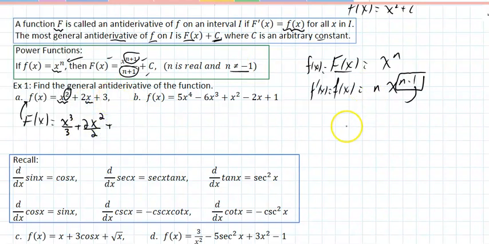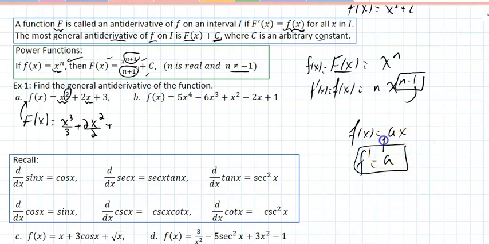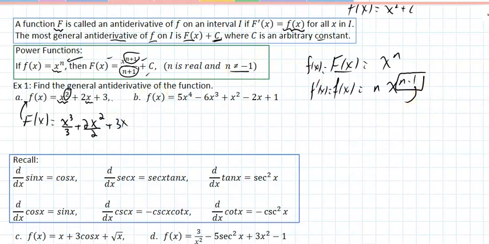Now, 3x, you have a couple of options. What do you take a derivative of to get a constant? Well, if f of x is ax, then the derivative is a. For you to have a derivative being a constant, that means you must have taken a derivative of 3x, or you could view that, if you like, as f of x is x to the 0, add 1 to the power, so 0 plus 1 is 1 over 1.